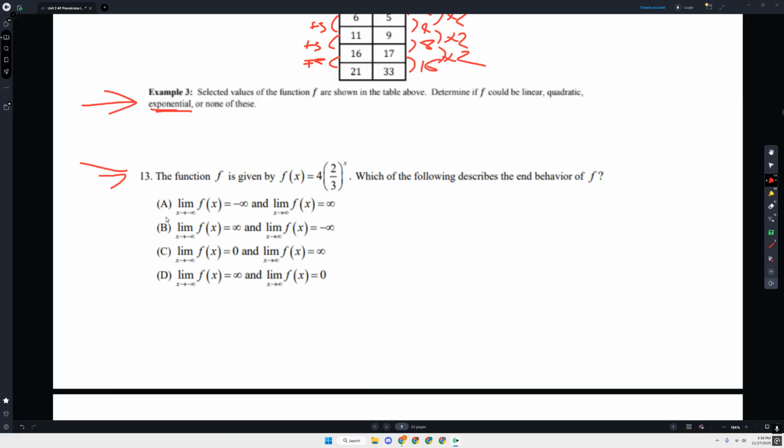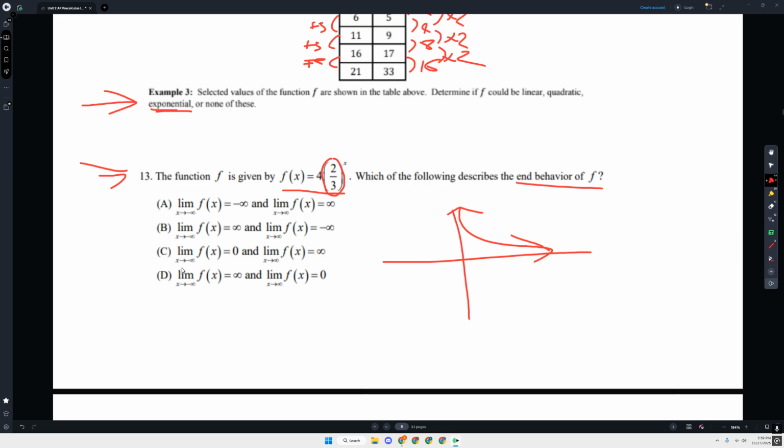13. So describe the end behavior of f. My recommendation would be to graph this out. So we have f of x, and it's decaying because the base is less than 1, and it's positive, so it's going to be like this.